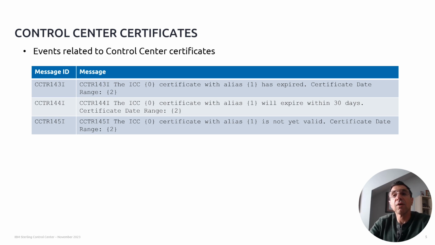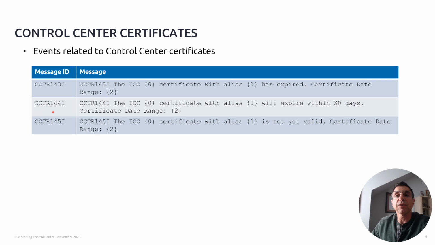Now, Control Center certificates, if they're about to expire, there's a completely different set of message IDs, and there's no built-in rule to watch for these. This first one, it's generated if one of the certificates in the trust or key stores is found to already be expired.